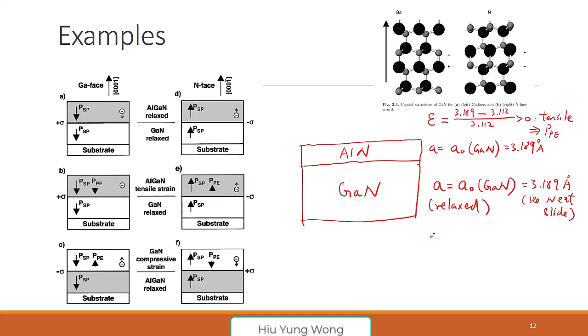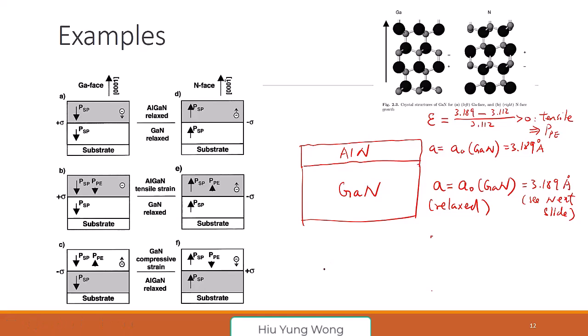I have a wafer, gallium nitride. I say it is relaxed. What is relaxed? Just a crystal by itself. The atoms just sit there in the equilibrium position, very relaxed. On top of gallium nitride, I'm going to deposit aluminum nitride.